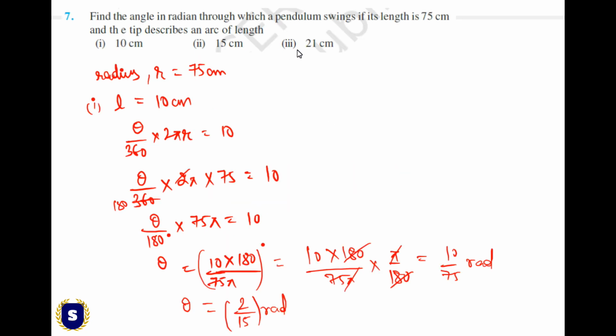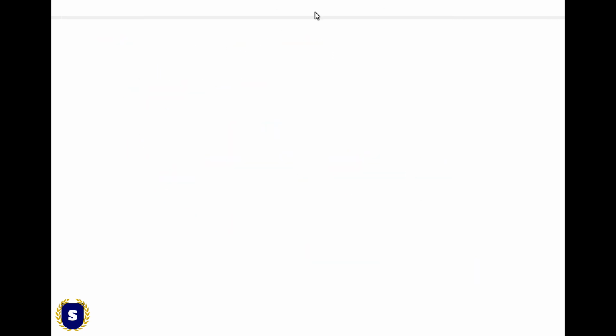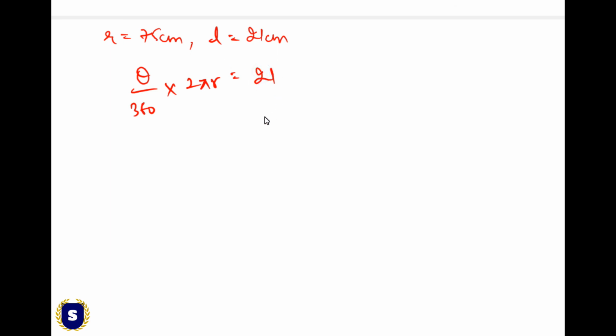Then the third part, for which the length of the arc equals 21 centimeter. Radius remains the same, 75 centimeter. Same formula, theta by 360 into 2 pi r is equal to the length of the arc, that is 21 centimeter. Theta by 180 into pi r, where the value of r is 75.